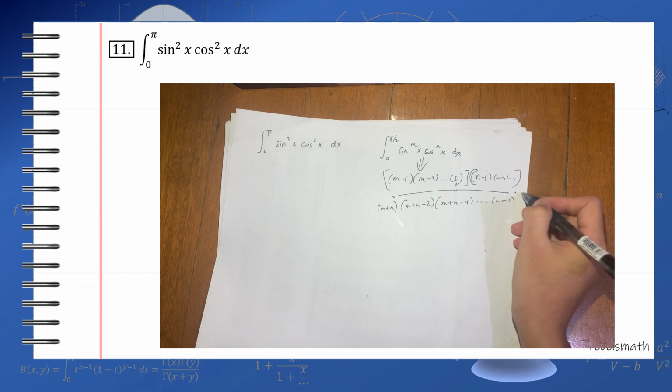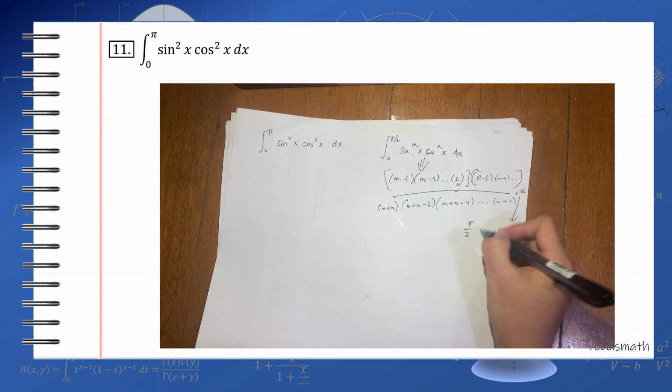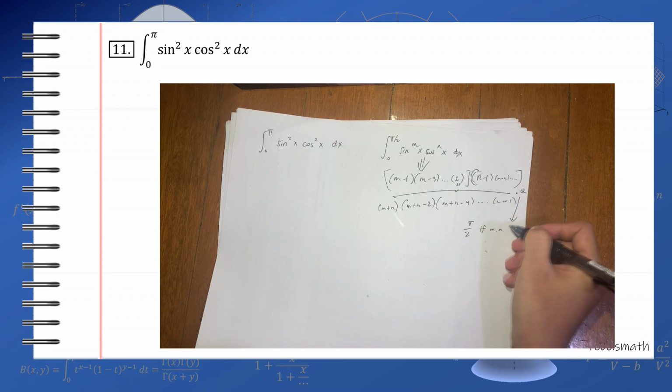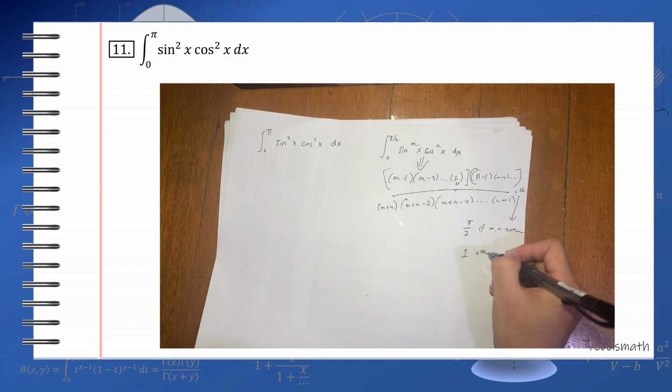Then there's a multiplier here. Let's call that alpha. Alpha is equal to pi over 2 if both m and n are even, and 1 otherwise.